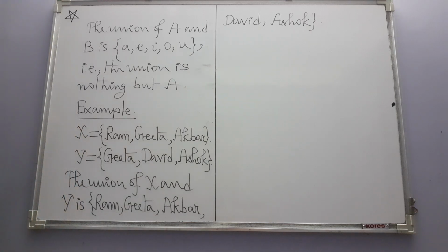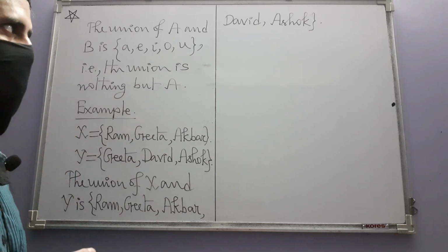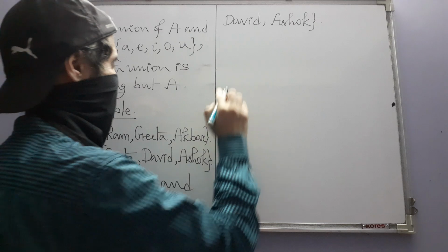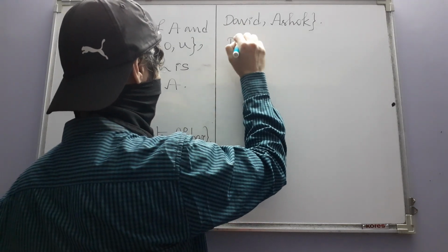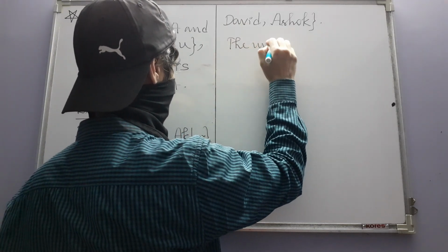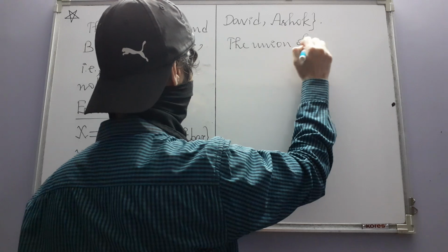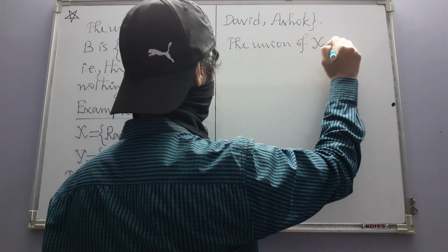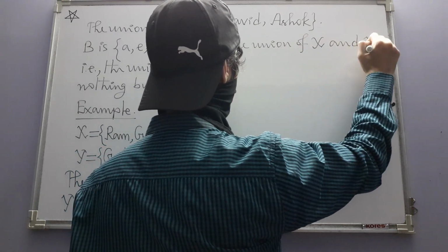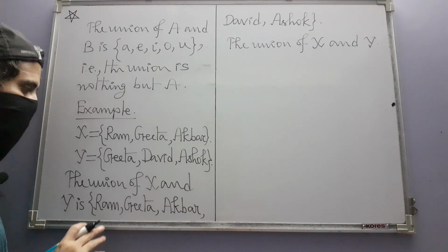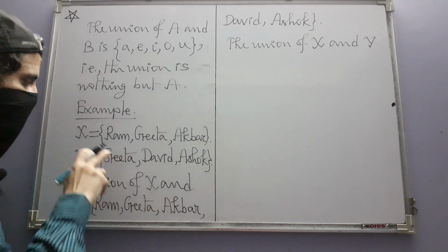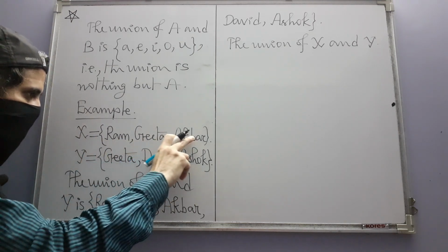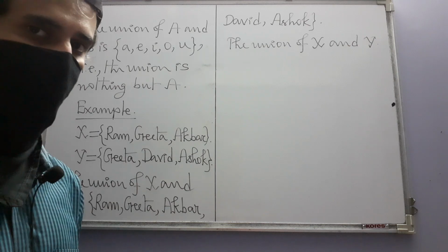Well, one way of writing the set in words is this. The union of X and Y. You remember what the individuals in X do?